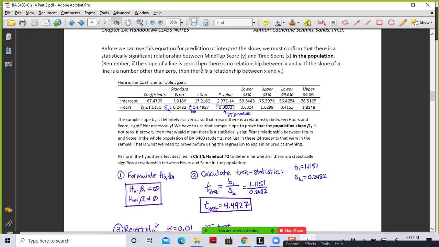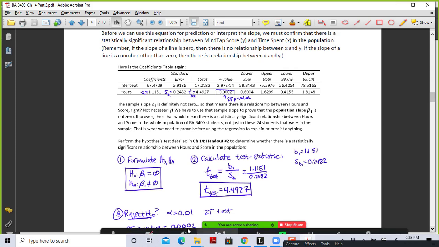All right, the alpha significance level in this question was given to be 0.01. So what is our p-value?